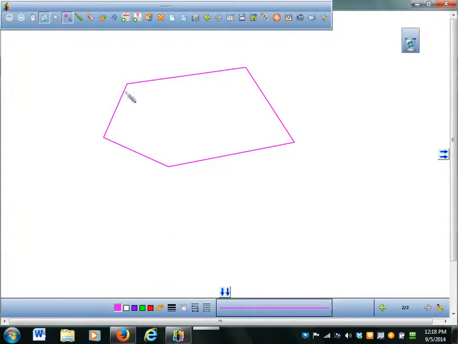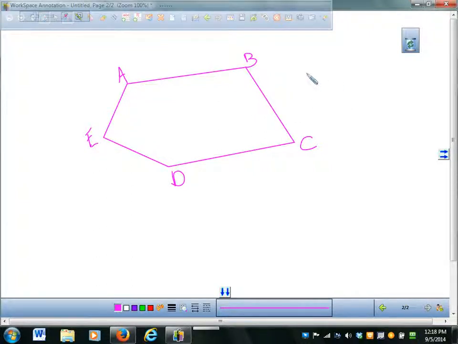So when I label a polygon, I label it by its vertices: A, B, C, D, E. So A, B, C, D, those are all vertices, right? Vertices: A, B, C, D, and E. And then sides, you know the sides, like side AB, etc.